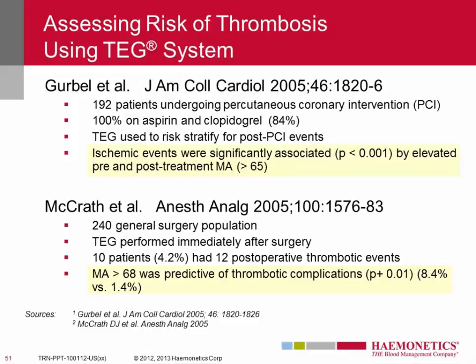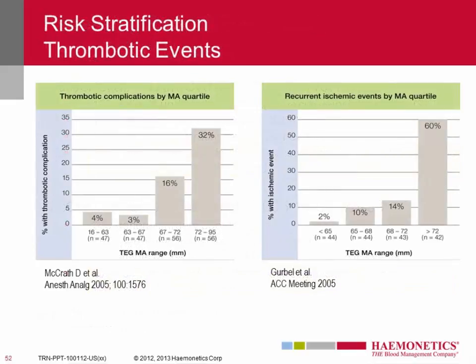In the Goebel study, he found that an MA, pre and post MA of greater than 65, elderly patients were at risk for a DVT. McGrath found a value of 68, so plus or minus 2. So those patients were at higher risk for developing a DVT.